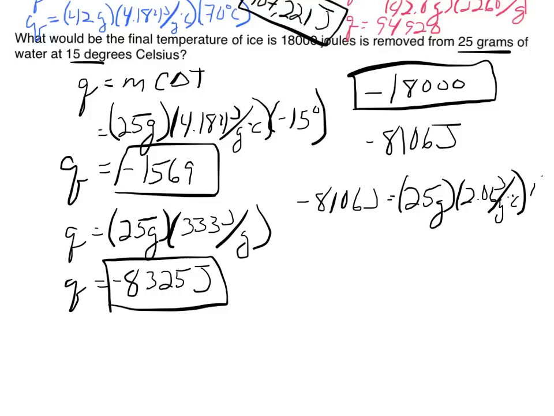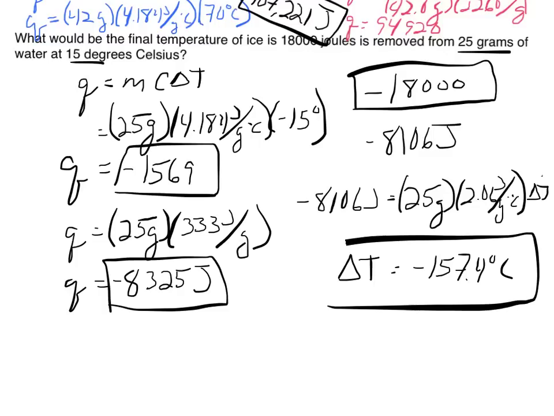And then, obviously, we're solving for delta T. So now we just solve for delta T. And what we end up with for delta T is a negative 157.4 degrees Celsius. So, the final temperature of the ice, negative 157.4 degrees Celsius. So that's how you solve that type of problem.